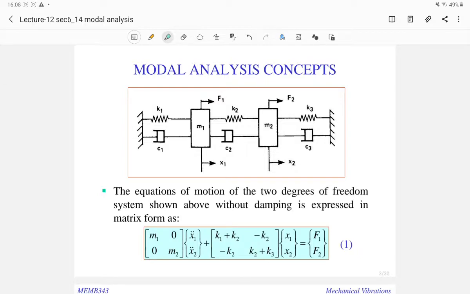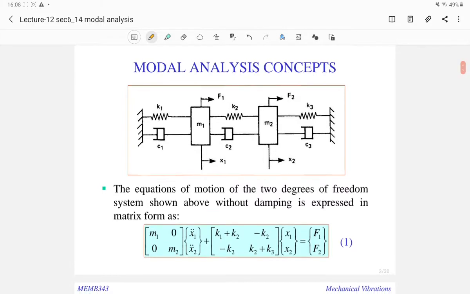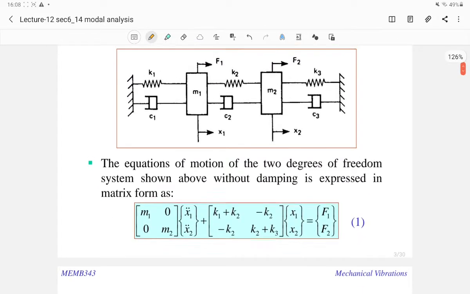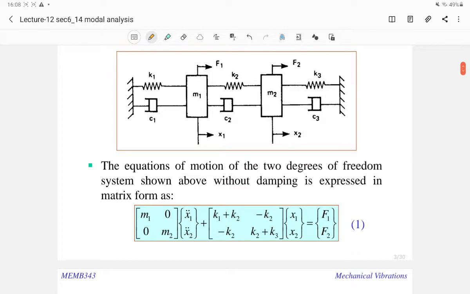As you see here, we have this figure, which is quite common for a 2-degree of freedom system with masses, springs and dampers. If you remember, we already derived these equations in our previous lecture 10, and we can see here that in this system you have a coupled stiffness matrix.